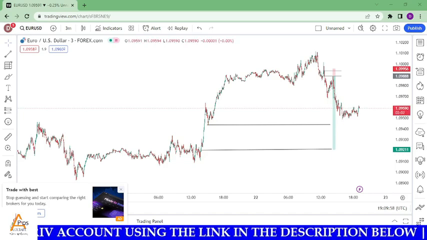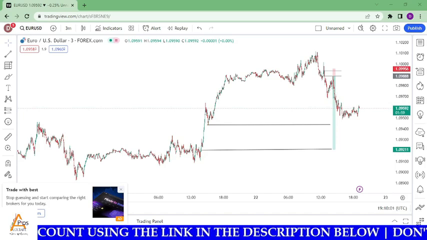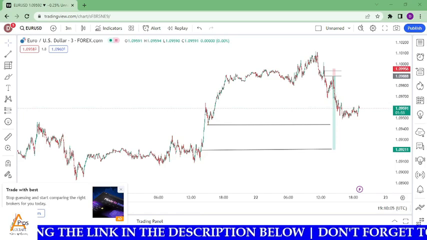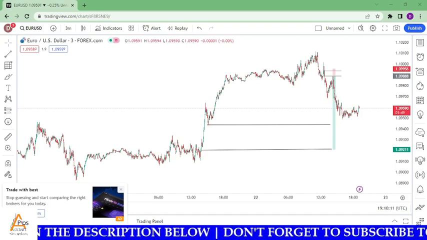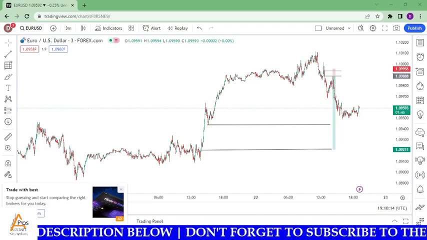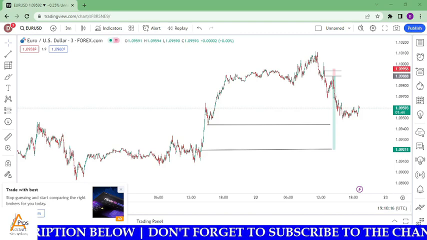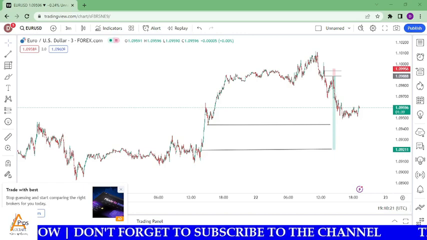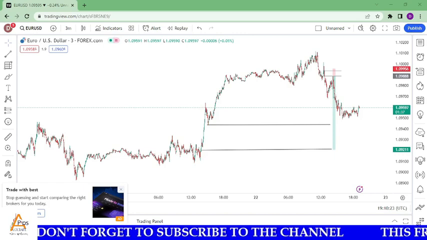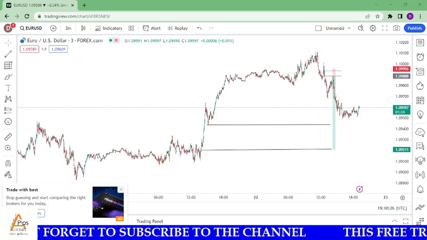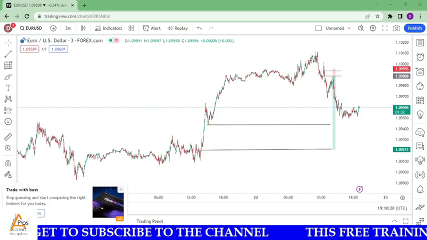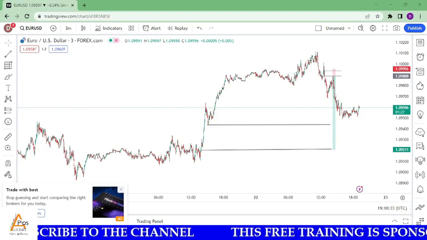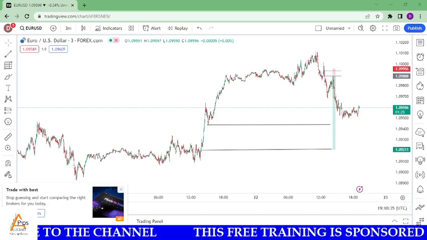Okay. So today we are looking at the basics of market structure. And when we talk about basics of market structure, it means I'm looking at the foundation, the entire foundation of forex trading. Since most of you are very new to forex, I have to talk about the basics of the market structure before I go to the advanced market structure to make things easier for you.